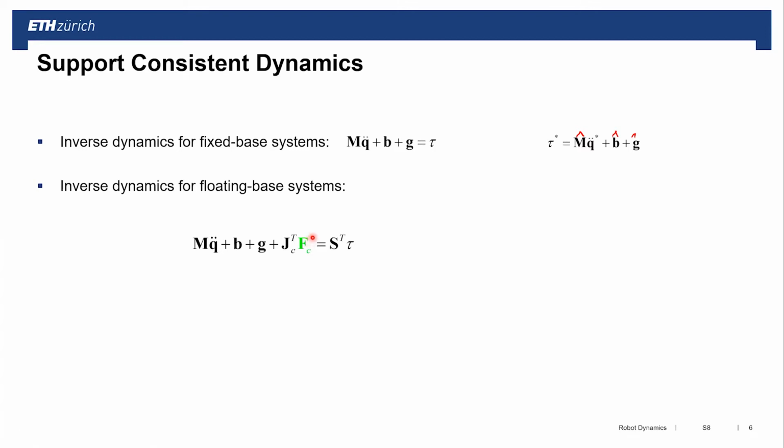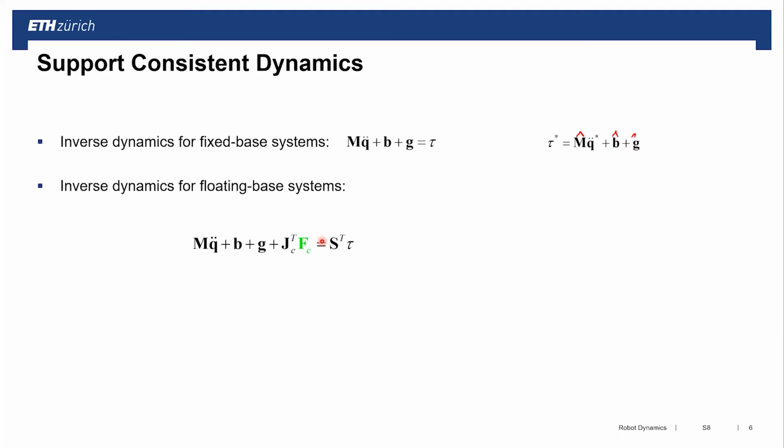There are two things which changed. First one is that all of a sudden we had these constraint forces in there, which come in due to the fact that we have contact with the environment, which imposes kinematic constraints and constraint forces on the dynamics. Plus, we had this S matrix here, which indicated that not all degrees of freedom, not all generalized coordinates, are actuated.